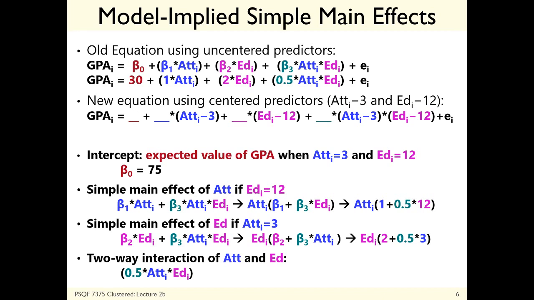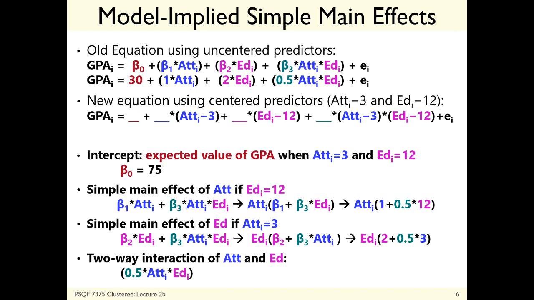Now the interaction term, is that going to change if I recenter my predictors in this way or not? What do you think? Let's go through the logic.